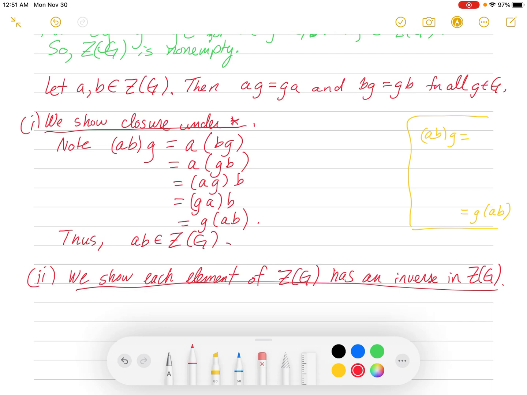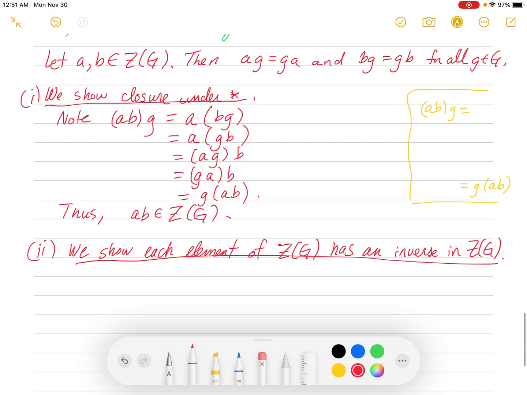So right now we have a is in the center, and ag would be equal to ga for all g in G. Now let's look at a inverse. We know a inverse is an element of G. We want to show it's in the center.